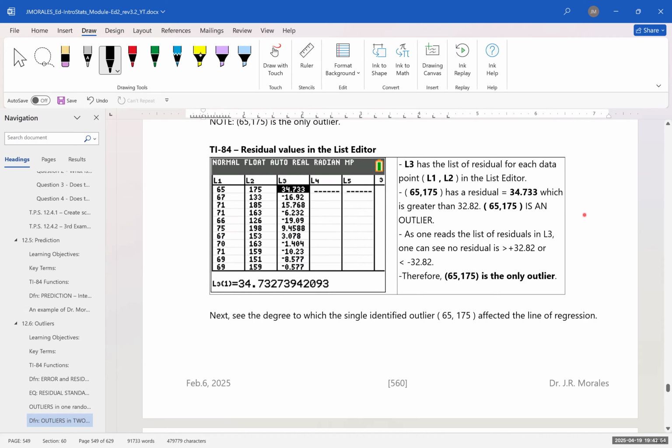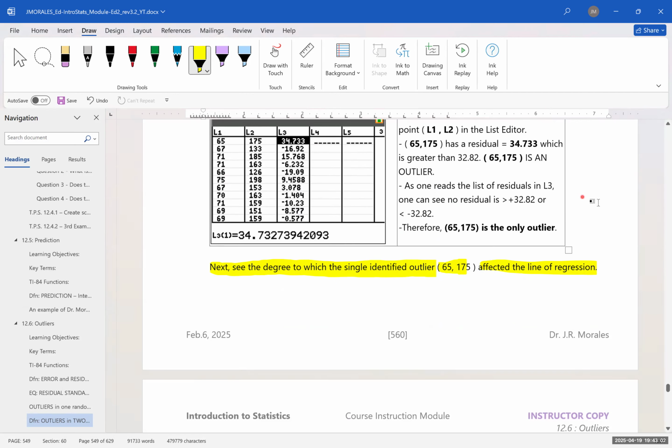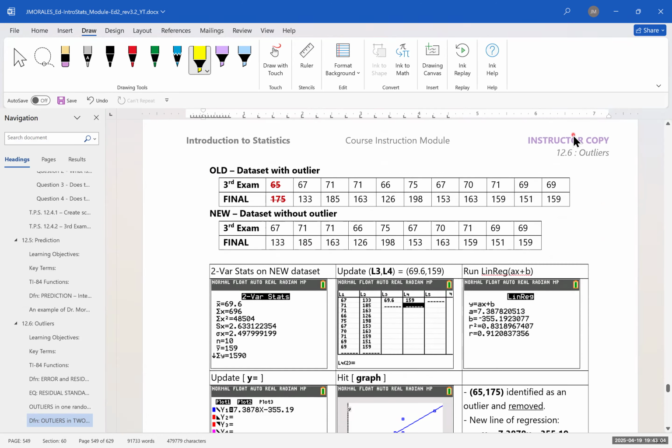So next, let's see the degree to which the single identified outlier affects the line of regression. Here's the old data set that we started with. This point we identified as an outlier, and now we're going to delete it. Now we've got a new data set without that outlier. Notice there's one less.